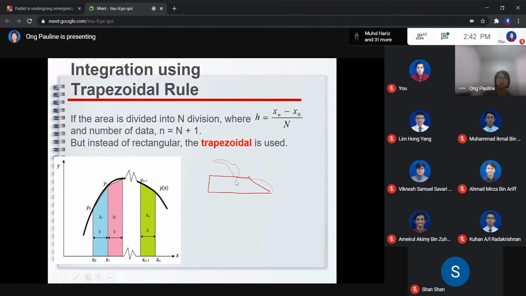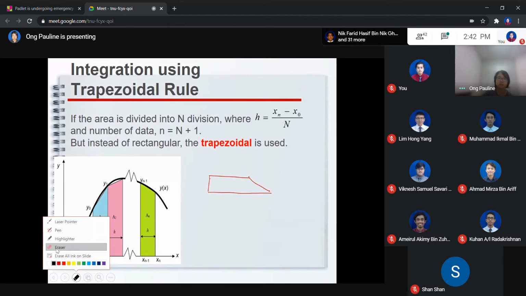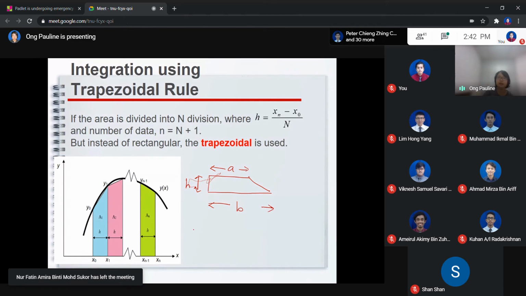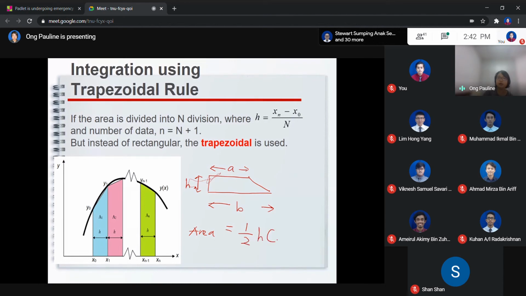Let's say the height here is h, the length here is a, and the length here is b. You should know that the area of the trapezium is actually 1/2 h multiplied by the sum of a plus b.